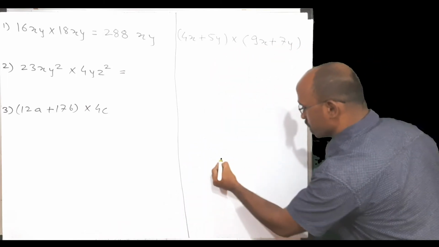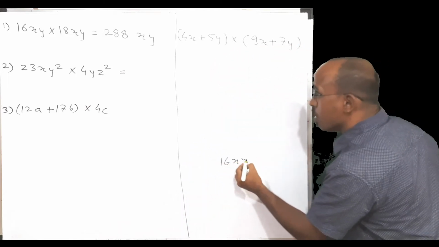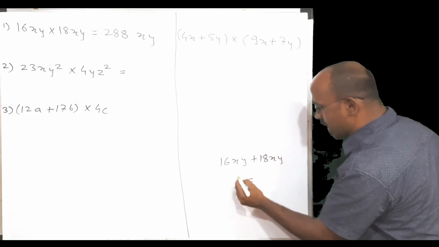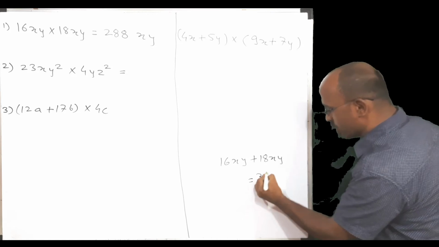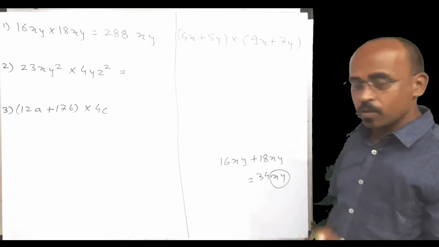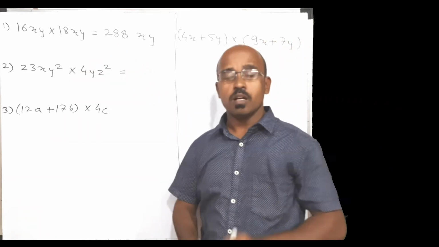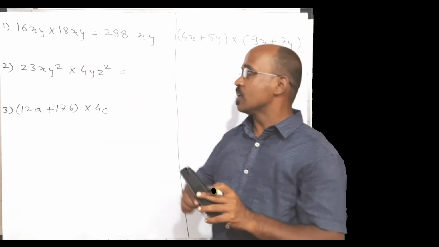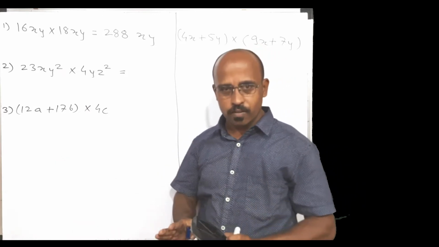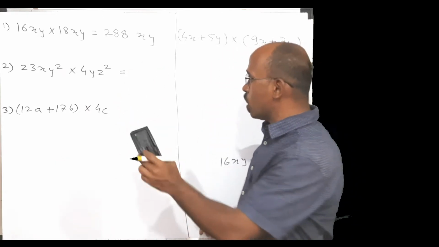Like suppose the question is 16xy plus 18xy, then we can write their addition, 16 plus 18, 34xy, without changing their degrees. But in the case of multiplication, the degrees or indices of the variables may change. And how will they change? Let us see.